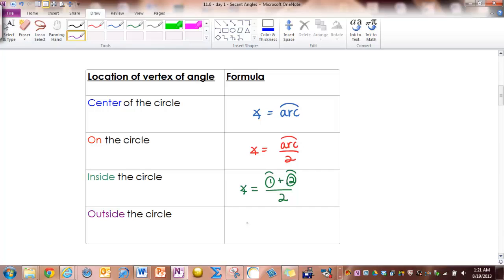Another new formula, the angle's measure equals the big arc minus the little arc divided by 2. Now use this table as we do the problems today and tomorrow, and they will help you remember the relationship between the angle and the arcs.